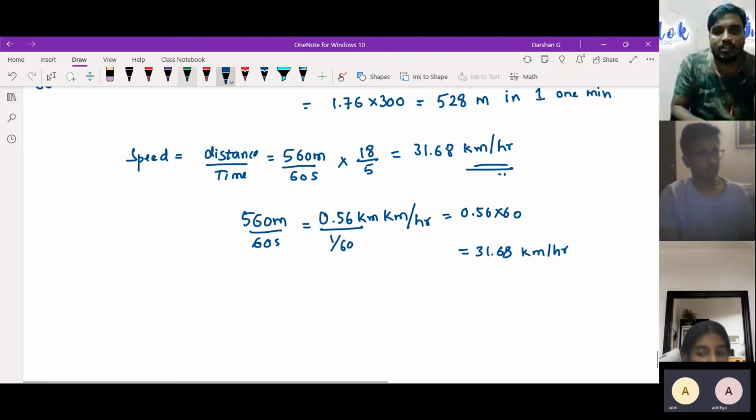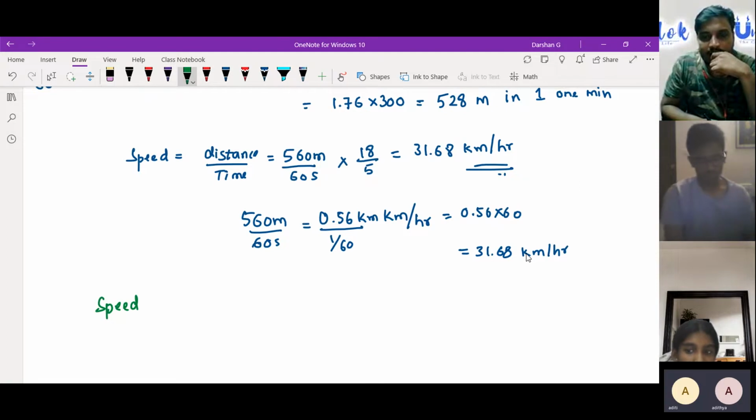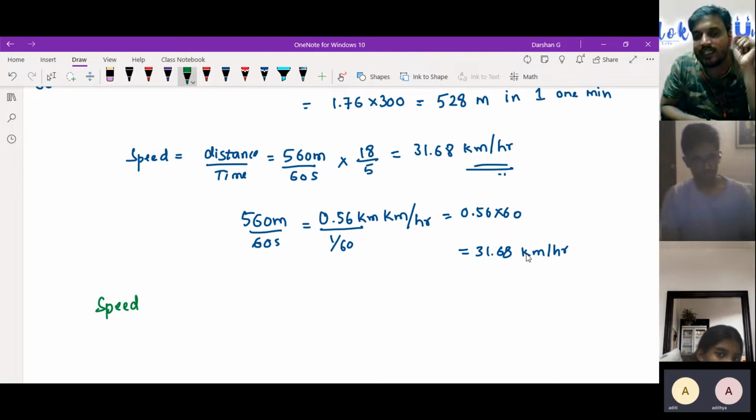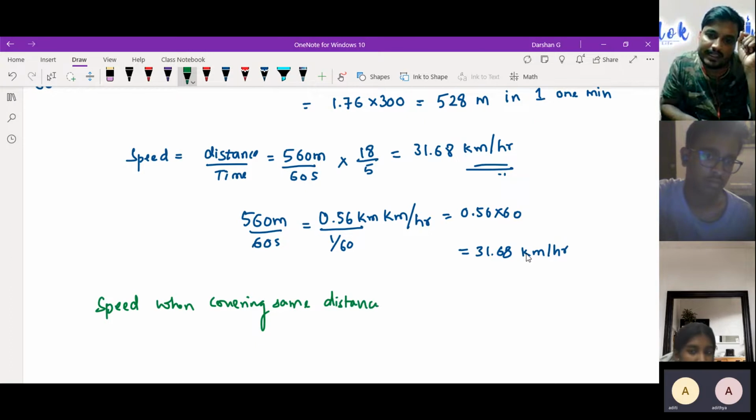Now I'll give an additional question. Calculate the speed when covering the same distance in 3 minutes. Let's see who can answer this question.